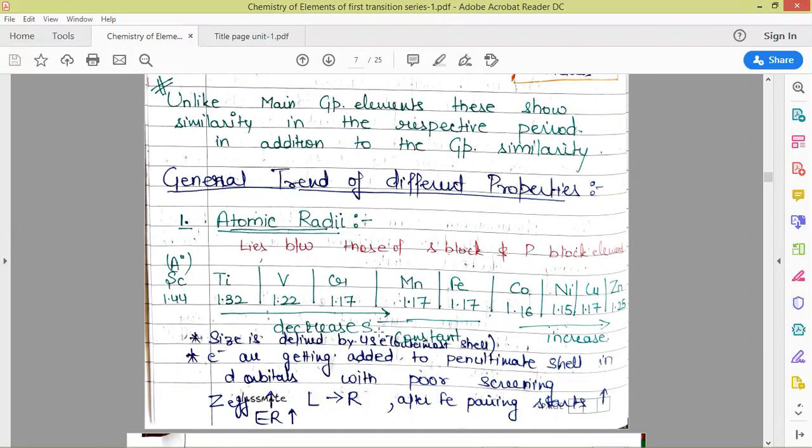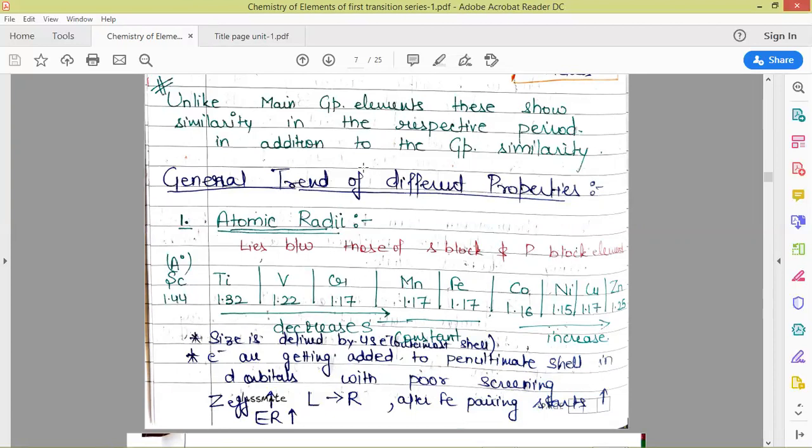The reason for this first decrease, then constant, and then increase is that there are two opposing factors. The first factor is that as we move from left to right in a period, Z effective is increasing.